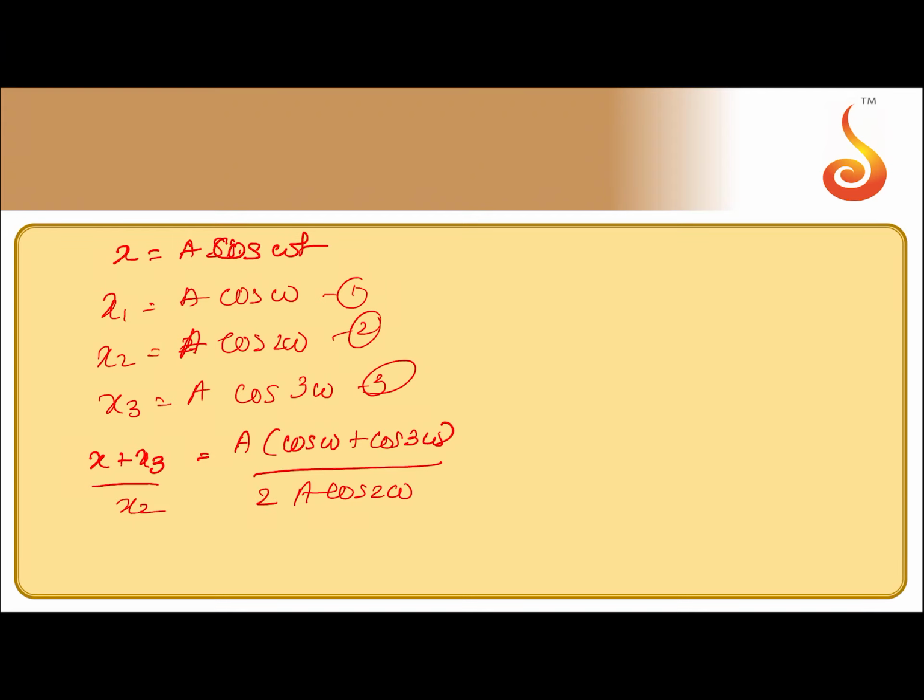That is 2 into x2 cos omega. And we can simplify it further.